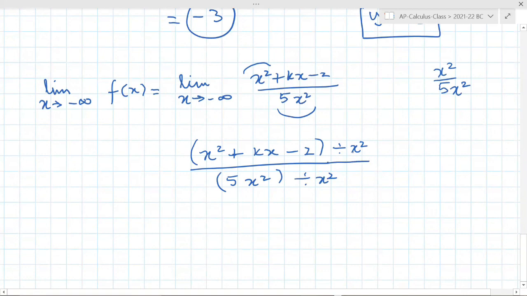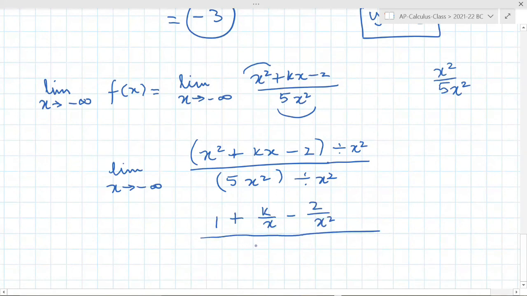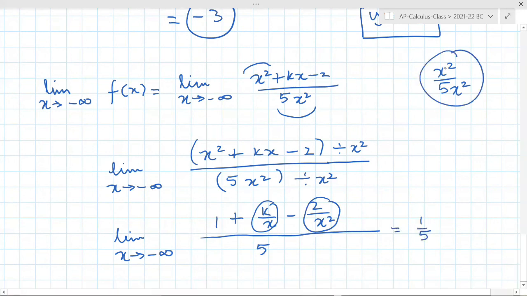I'm dividing numerator and the denominator by the same thing. So what does the numerator become? And denominator is. And now if I plug in negative infinity for x, what happens? See k over x, so that is k over negative infinity. What is that? 0. You're dividing a finite number by infinity, right? So this will go to 0. What about this? That's also 0. So that leaves you 1 over 5, right? Which you could have told from here, right?